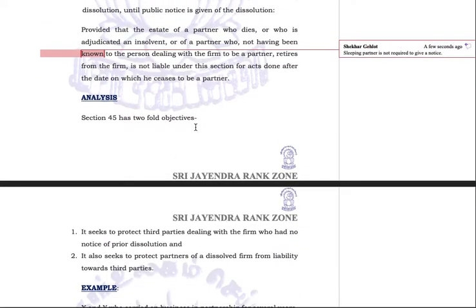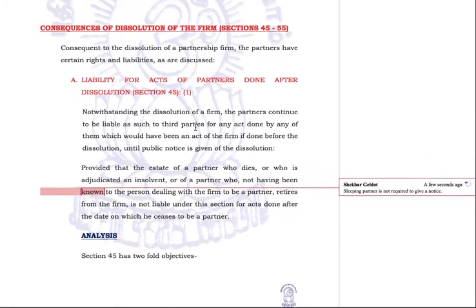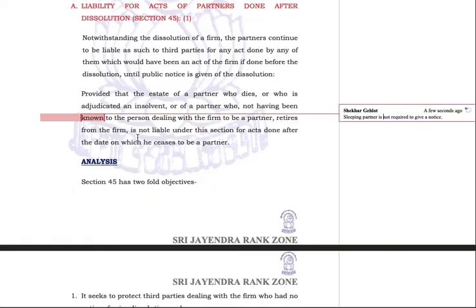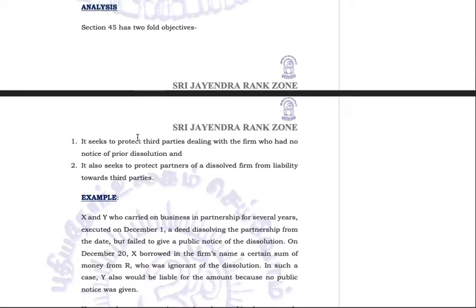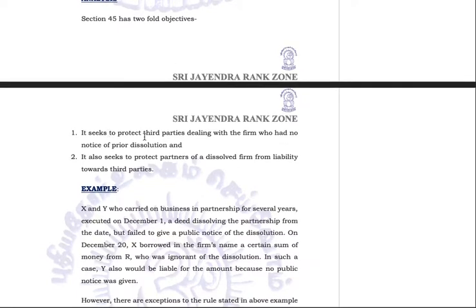Section 45 has two-fold objectives. What is Section 45? Section 45 is liability for acts done even after dissolution of partnership. What are the two-fold objectives? Let us see the first object. It seeks to protect third parties dealing with the firm who had no notice prior to dissolution.